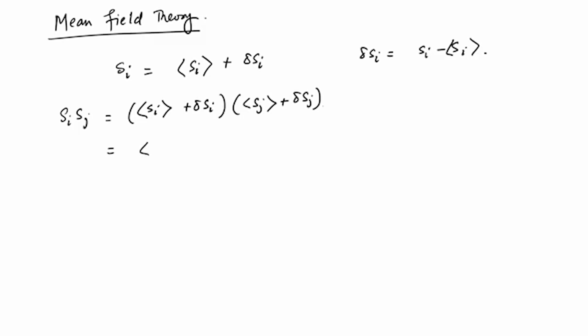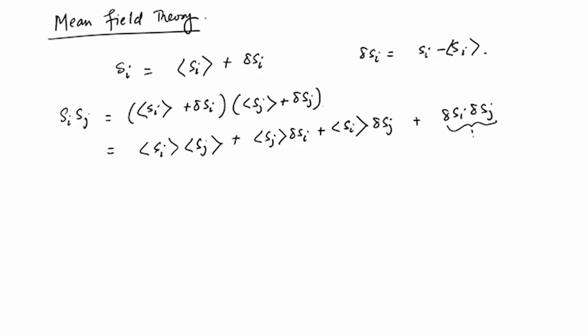We open up the bracket and get Si average Sj average, plus Sj average delta Si, plus Si average delta Sj, and finally a term delta Si delta Sj. This being quadratic in fluctuation, it can be said to be 0. Okay. These are two small quantities being multiplied, so that is equal to 0. That is really the approximation we make, and in some cases, of course, this term cannot be neglected.